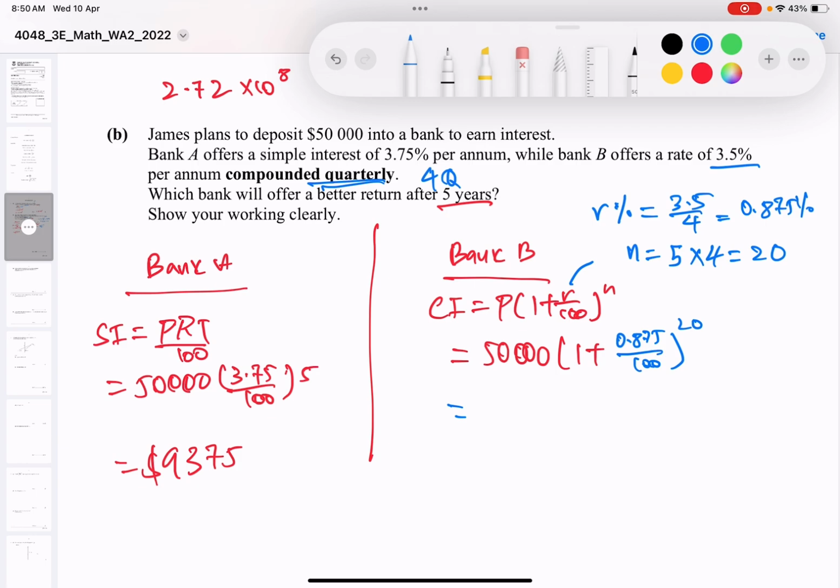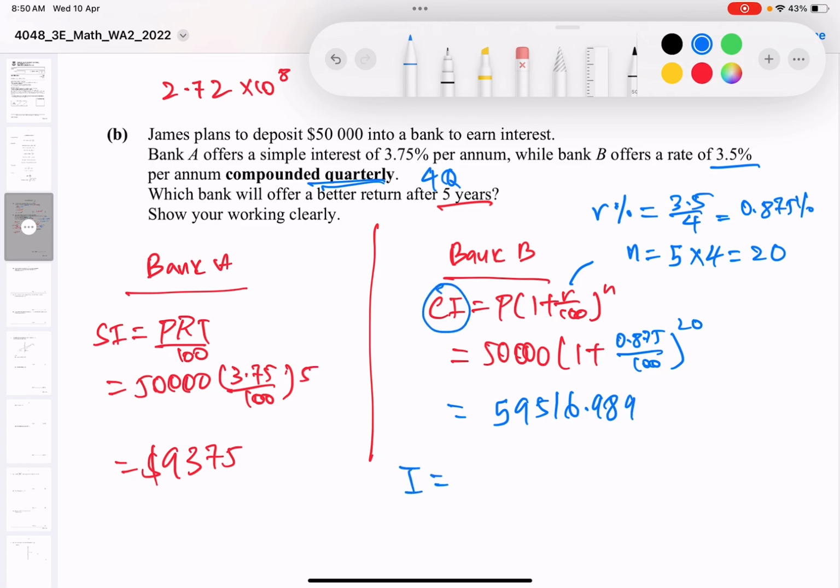So enter this in your calculator. 50,000, 1 plus 0.875 over 100 raised to the power of 20. So I'm going to get 59,516.989.